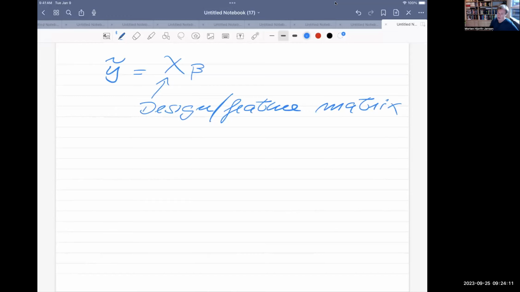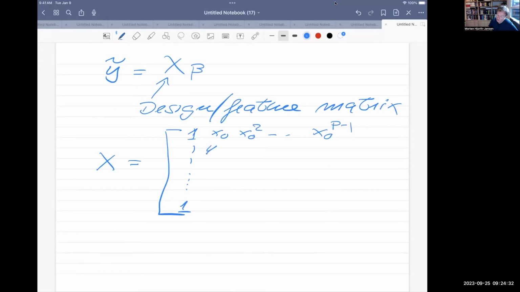This matrix X takes the following form. It is going to have 1 along the intercept, and then x0 squared to the final element, x0 to the power of p minus 1.